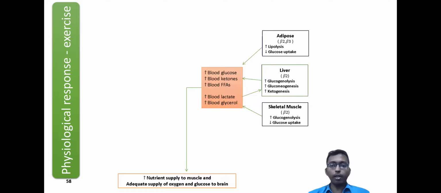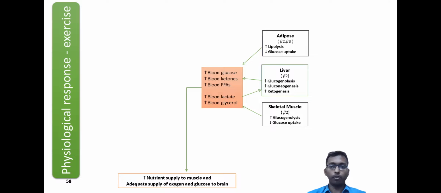Then another important mechanism that is required during exercise is to maintain proper nutrient supply for both the exercising muscles and the brain. This is brought about by the action of catecholamines on three systems: the adipose, liver, and the skeletal muscle. In adipose, through its receptors beta-2 and beta-3, it increases lipolysis and decreases glucose uptake.